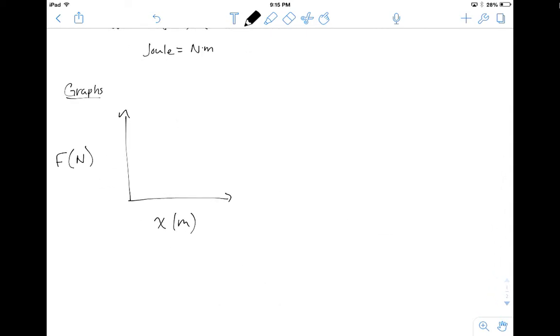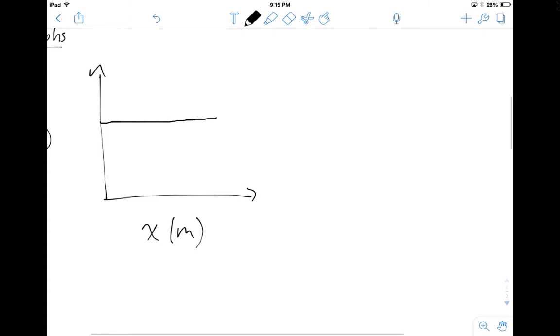Remember, we pulled with a constant speed. So the force acted like that. Let's say we're using the 100 centimeter board. So we'd go from 0 to 1 meter. Notice that this is in meters, not centimeters.